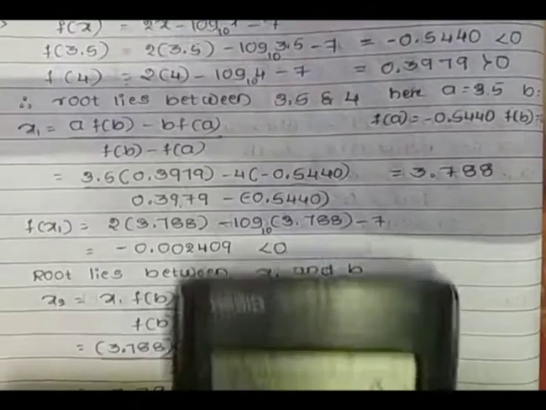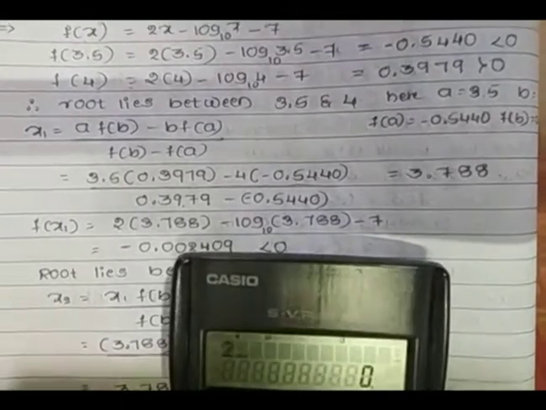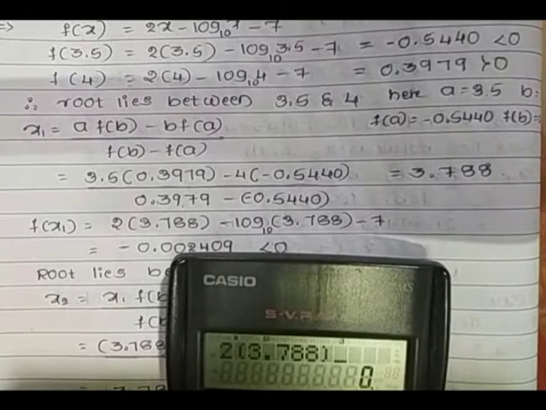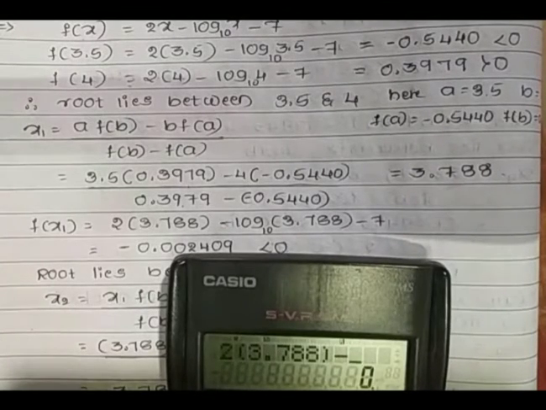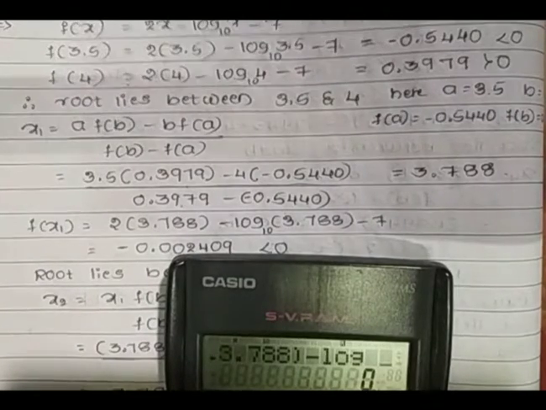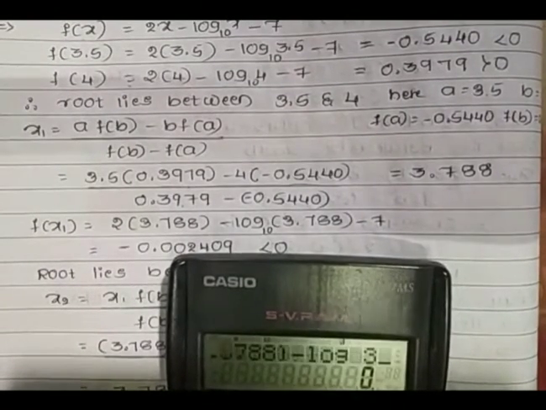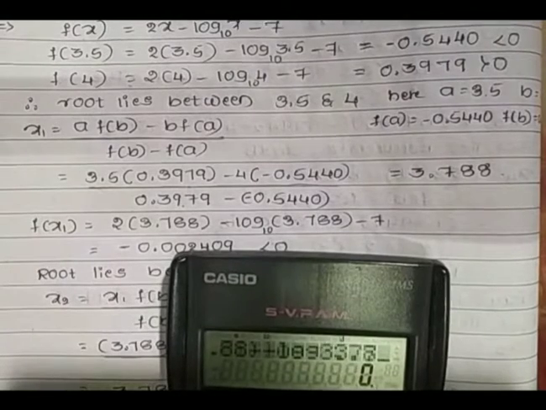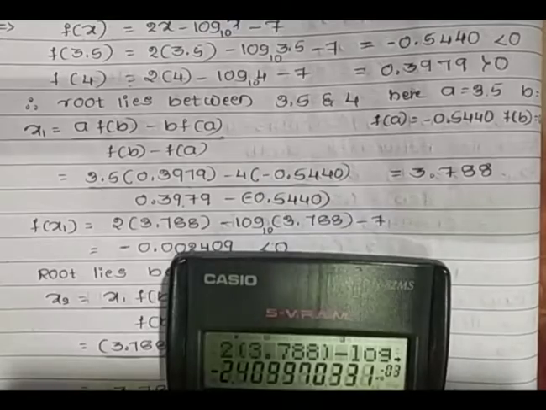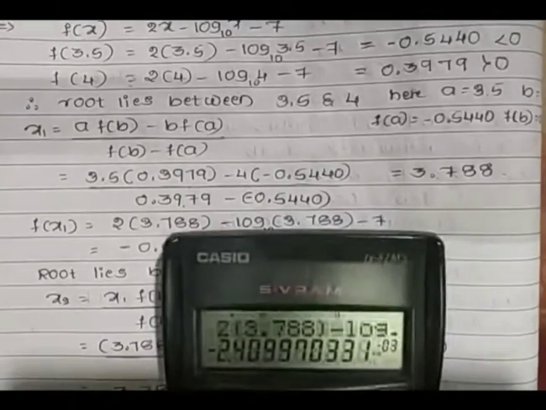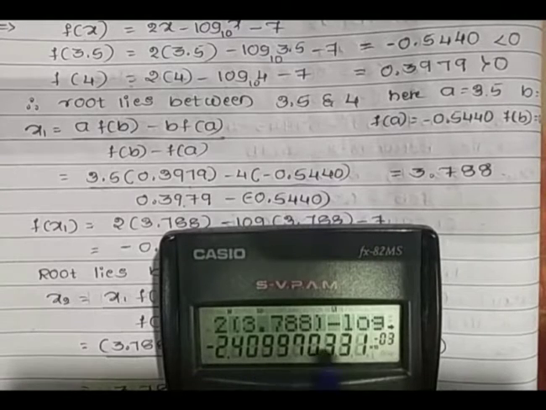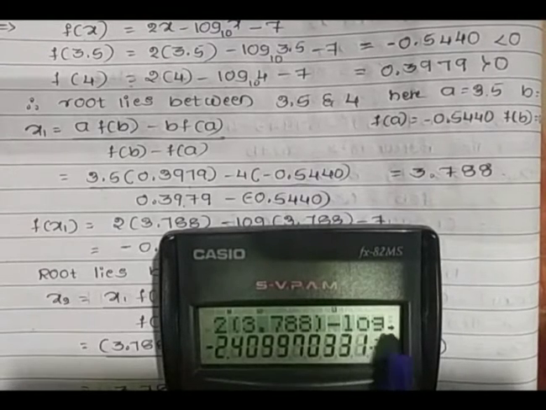Again using the calculator we need to simplify here, that is 2 in bracket 3.788, complete the bracket, minus log of. Directly we have to use the log button because here the base is 10. So log of 3.788 minus 7. This gives us, you can observe here, we are getting minus 2.4099 and so on into 10 raised to minus 3.